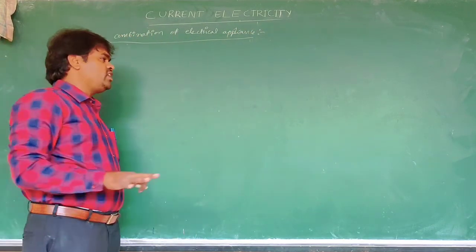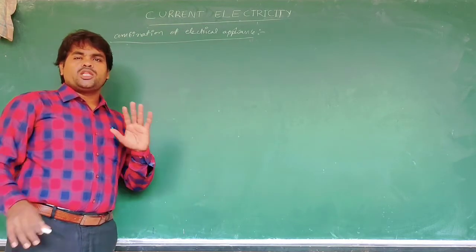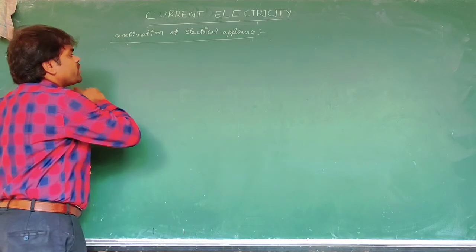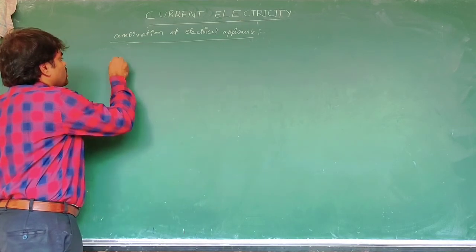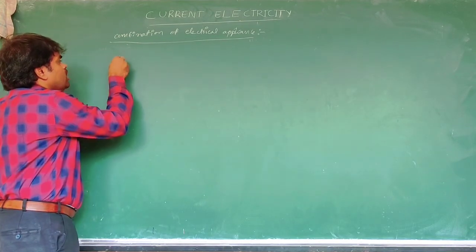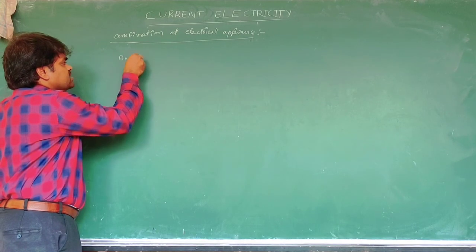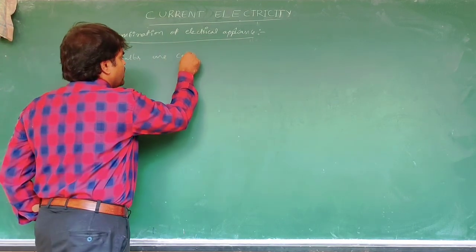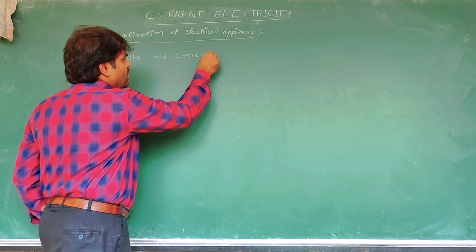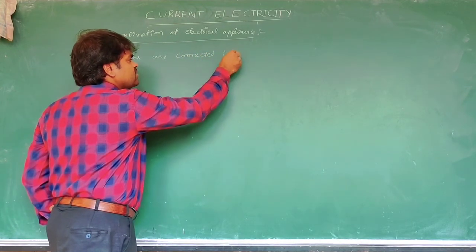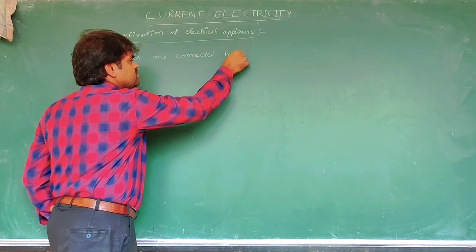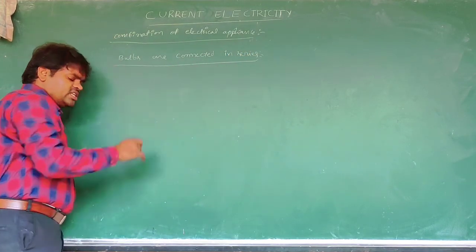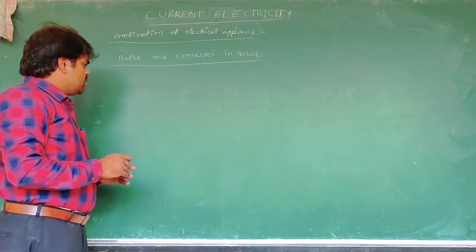In 2011, a question was asked in one set for 5 marks. Now, first: bulbs or electrical appliances connected in series. That is the series combination of electrical appliances or series combination of bulbs.